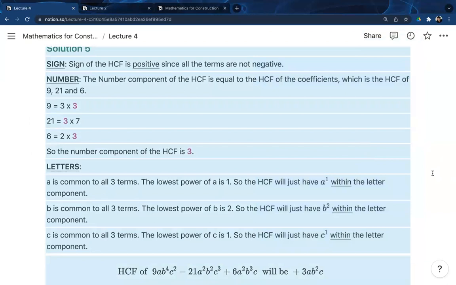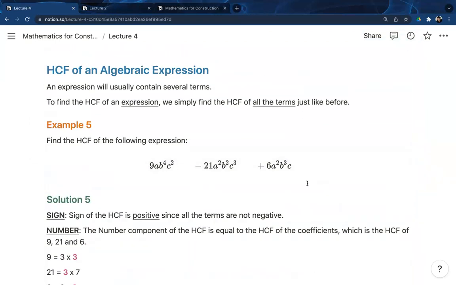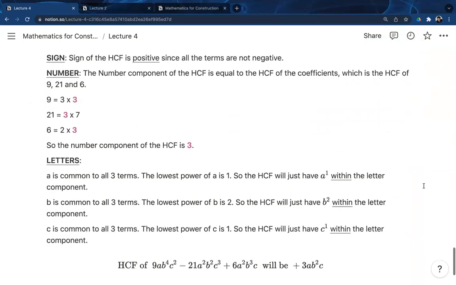But you're never going to be given a question like this where I just say, oh, you have these three terms here, find the HCF. That's not a question. That's one line in a 35 line question. So we're just building core skills at the moment.